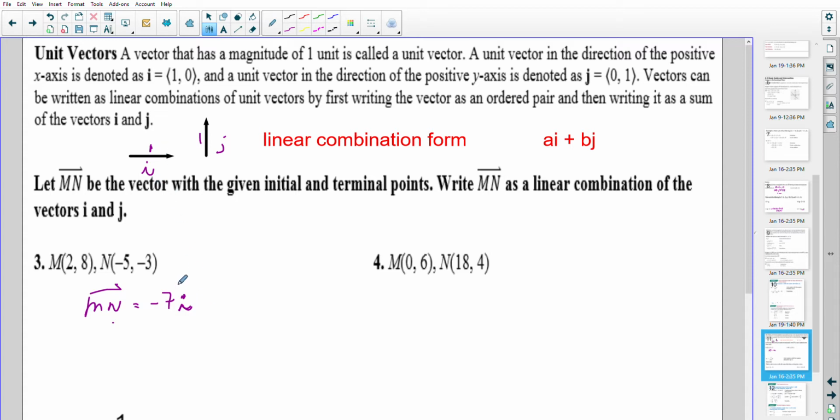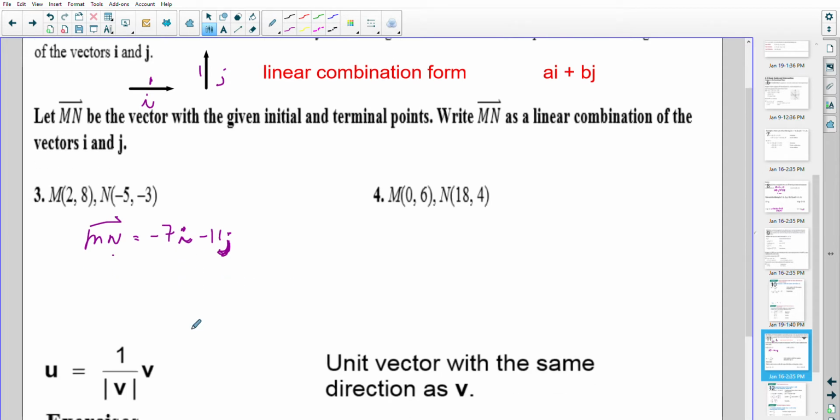And then it's going to be, let's see, -3 minus 8 is -11j. And j again is the vector that is the vertical vector. And so that's just simply labeling it.